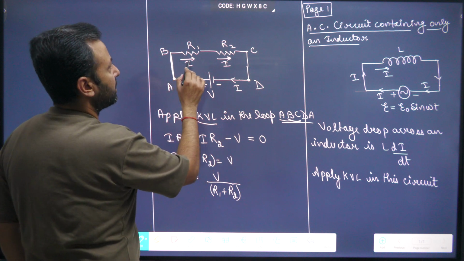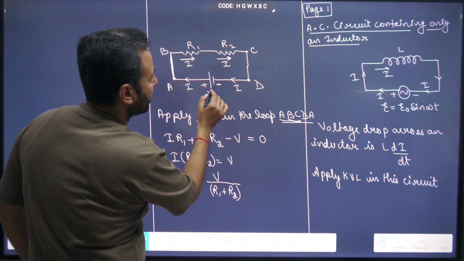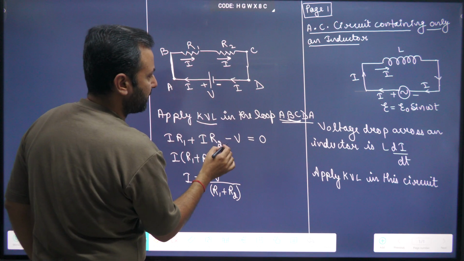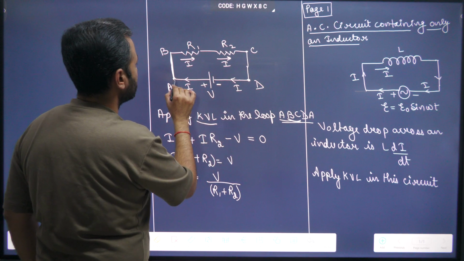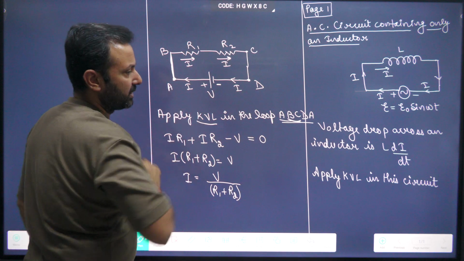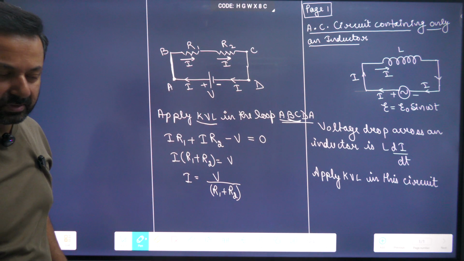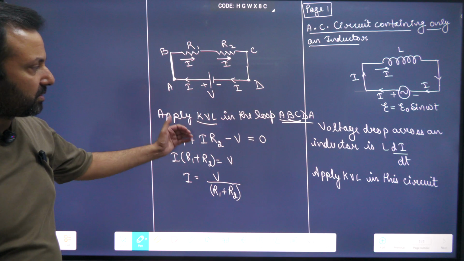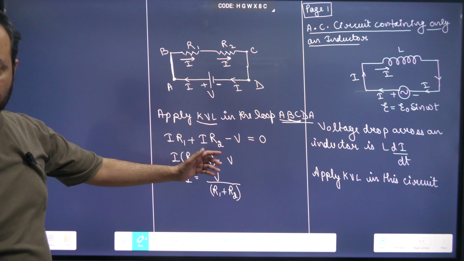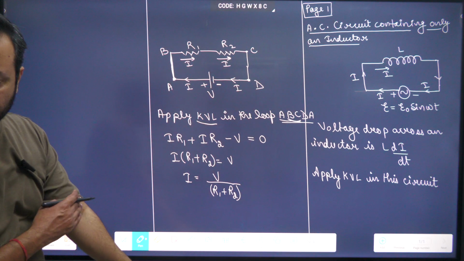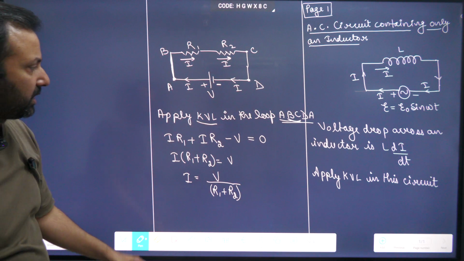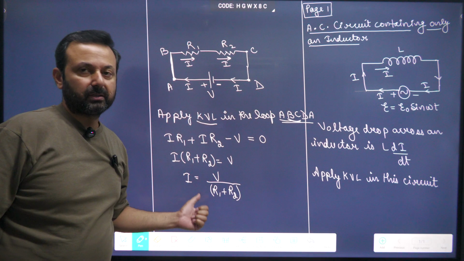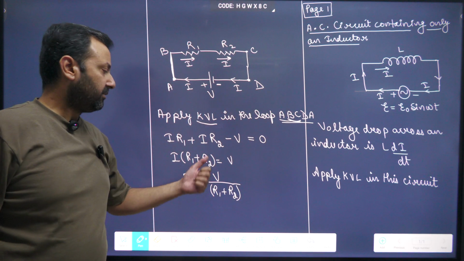Okay, so I R1 plus I R2, then the negative terminal is striking first, then minus V is equal to 0, because I have now reached this point A from where I started. Is this clear? Algebraic sum of all the voltages in a closed loop is 0. Clear? Yeah. Okay.